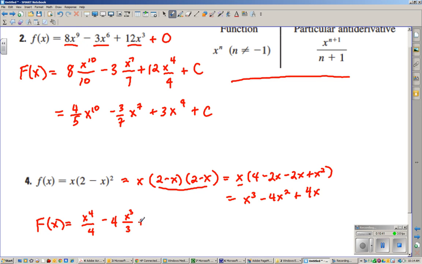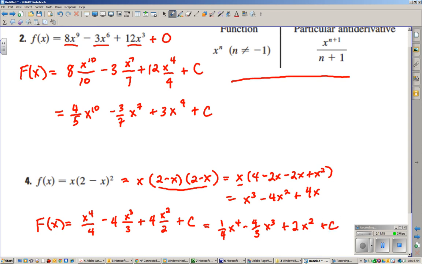One more time, plus 4 times, won't it be x squared over 2? And finally, a plus c. Now, this can be reduced or written this way, 1/4 x to the 4th minus 4/3 x cubed. 4 over 2 leaves us with exactly a plus 2x squared plus c.